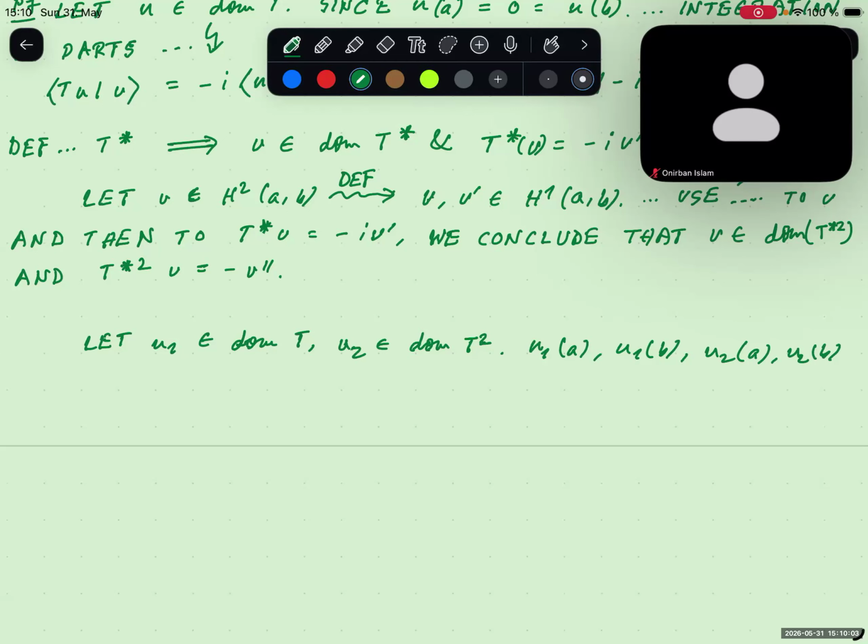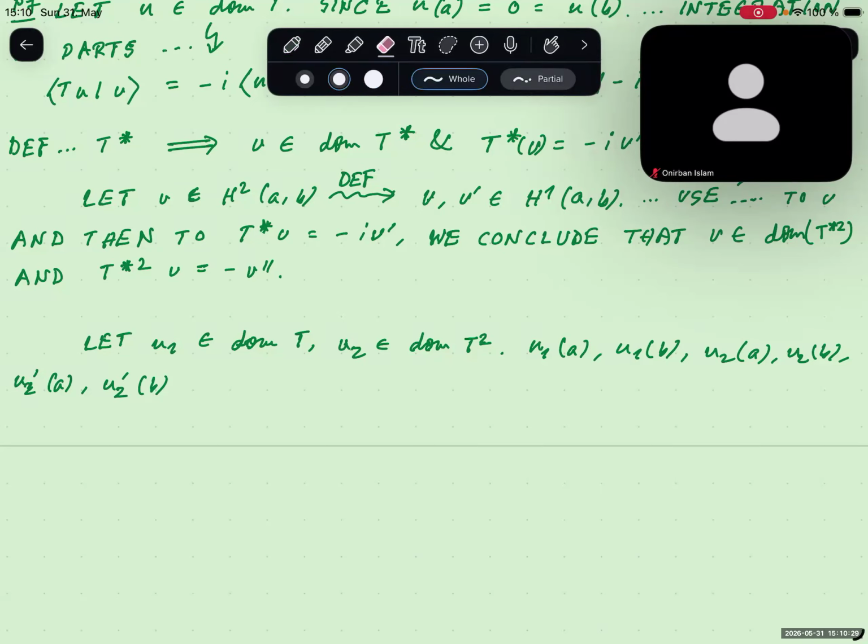But remember, it's a second order, double derivative, so we also have to specify their first derivatives. So the first derivative of u1 at a, and the first derivatives of u2 at a and b. So all the boundary values vanish.